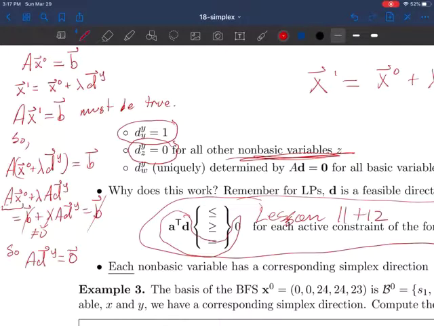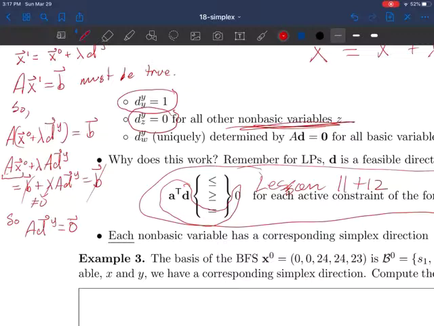Equality constraints, your direction can't change any of the equality constraints. Since we have the equality constraints being defined by this A matrix, remember that's the coefficients of the equality constraints, we have this formula to use to help us. Now, we have this over here.